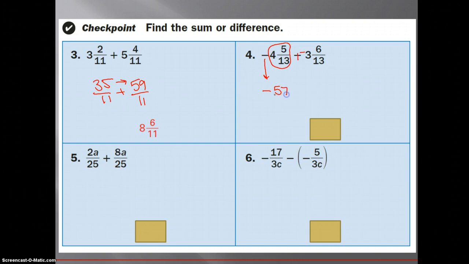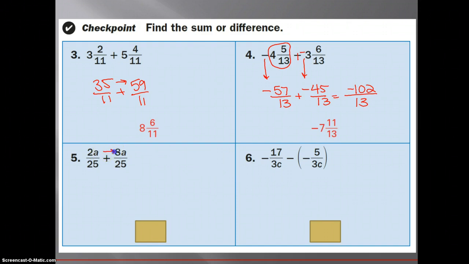So it's negative 57 over 13 plus negative, because we just bring the negative down, 13 times 3 plus 6 is 45 over 13. Keep the 13, add 57, which is negative, plus 45, which is negative, and you get negative 102. Change the improper fraction to a mixed number, and you get negative 7 11/13.